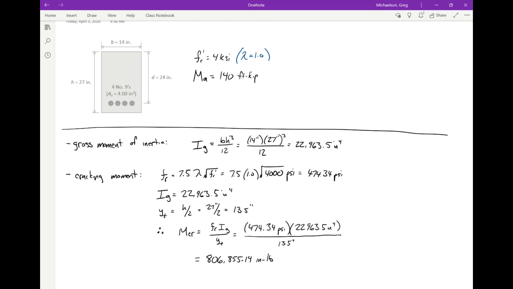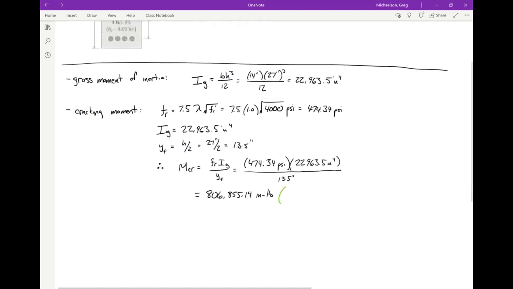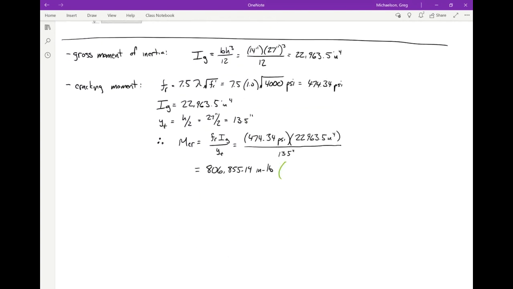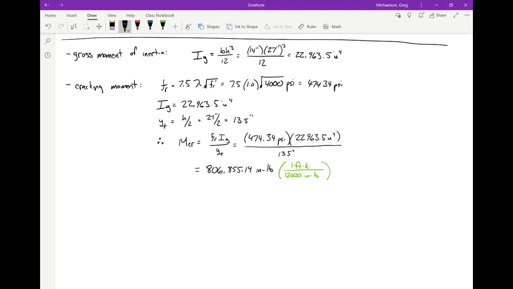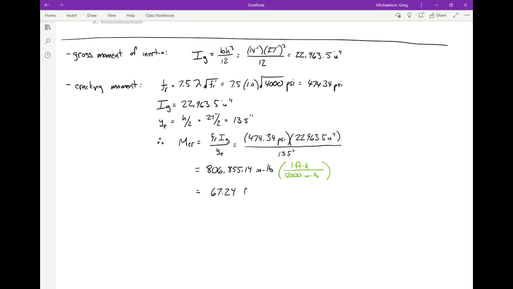You divide by 12,000, because 12,000 inch pounds is 1 foot kip. So if you take that value and divide it by 12,000, you end up getting 67.24 foot kips. Exactly right.